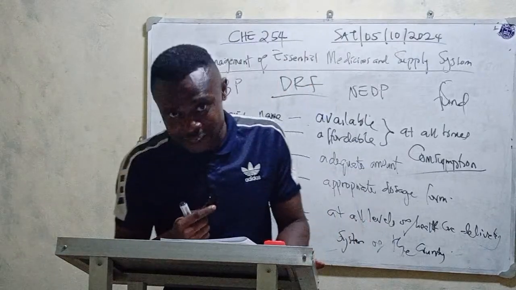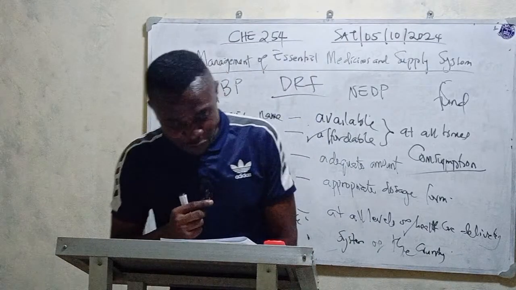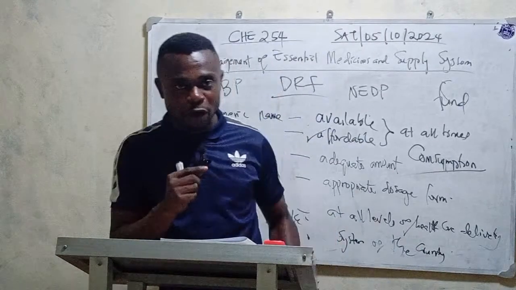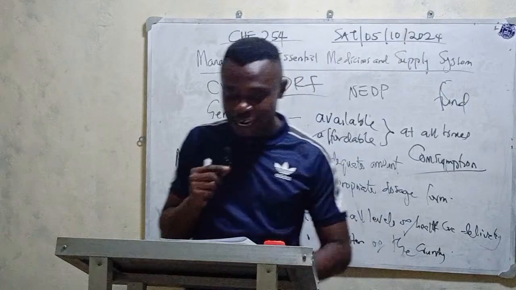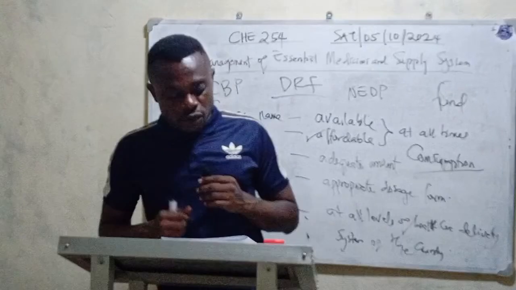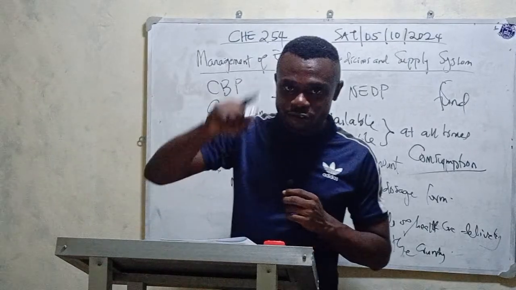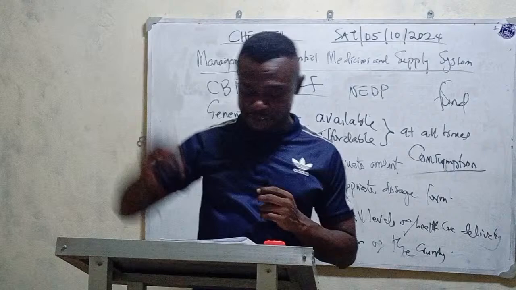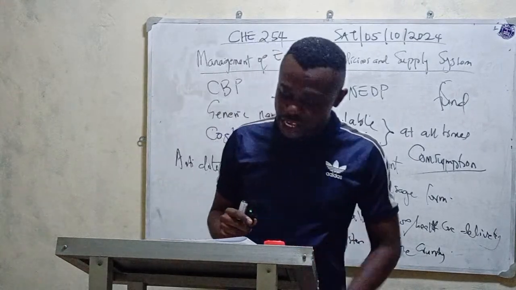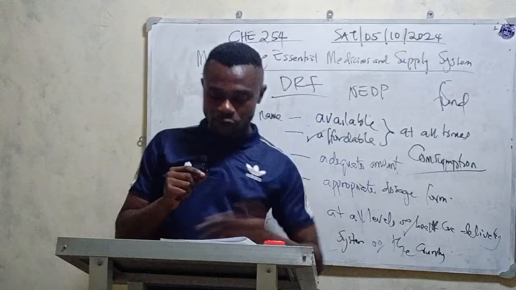Demographic factors must be put into consideration. For example, in a population where the number of children is more than that of adults, you should supply drugs that will take care of these people more than the other ones. Now, let me paint another scenario. In some population, you will have a number of children that are more than that of adults.